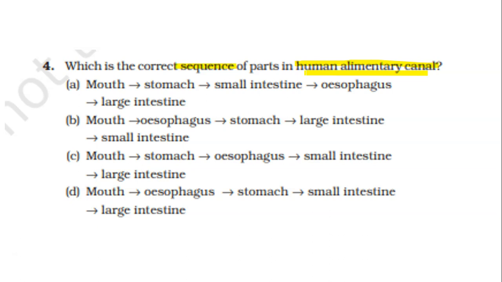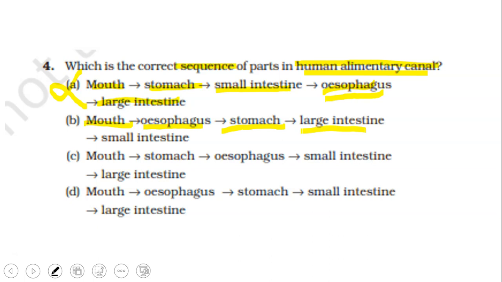Option A, mouth, stomach, small intestine, esophagus, large intestine. This is false, because we know that after the mouth, the food enters through the esophagus and then the stomach, but here the esophagus is after the small intestine, so it's clearly false. B, mouth, esophagus, stomach, large intestine, small intestine. This is also false, because we know first the small intestine comes and then the large intestine.